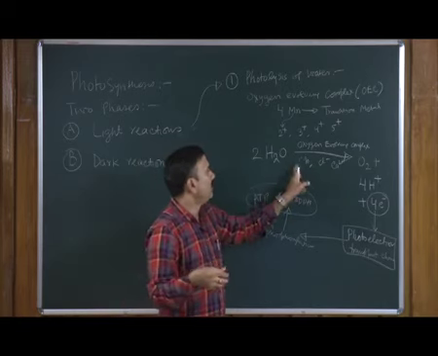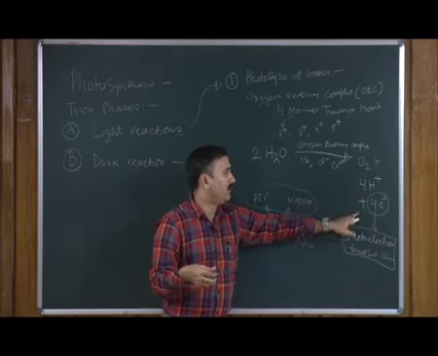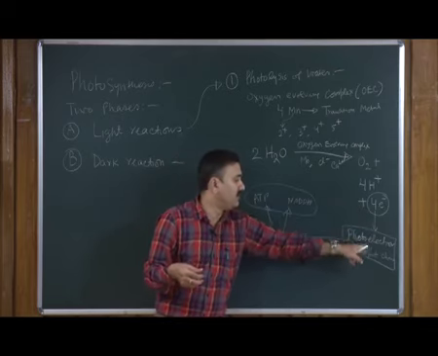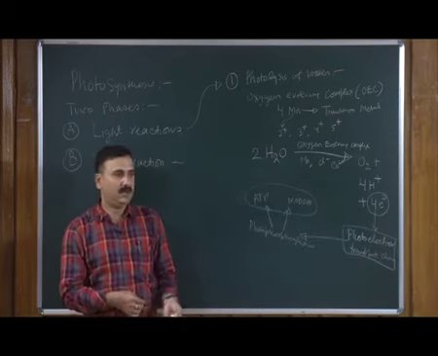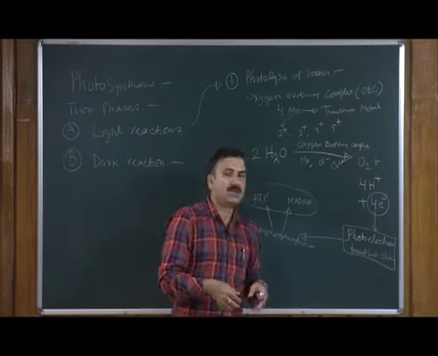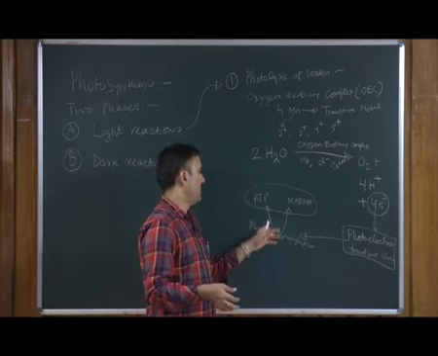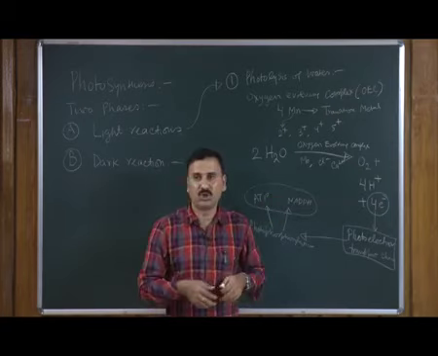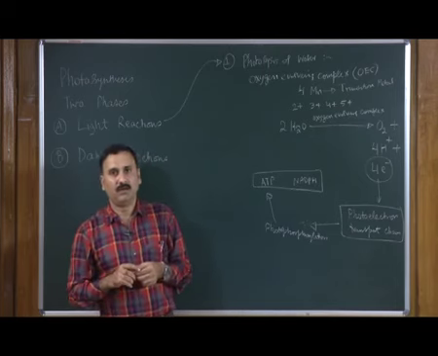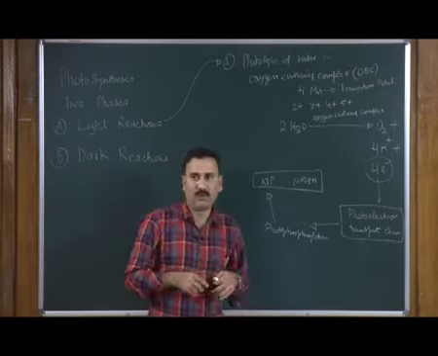As a result, the water molecule gets split into oxygen and the proton, and the electrons excluded from the water are received by the light harvesting complexes in the presence of light to catalyze the photoelectron transport chain, and that catalyzes the photophosphorylation, which is responsible for generation of ATP and NADPH. So, let us see how these two molecules are produced during photophosphorylation.